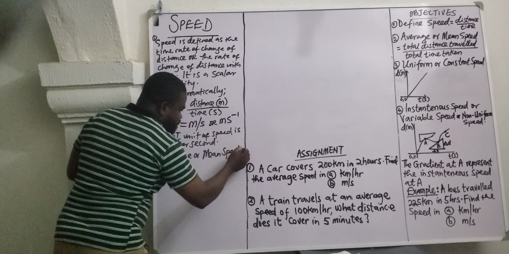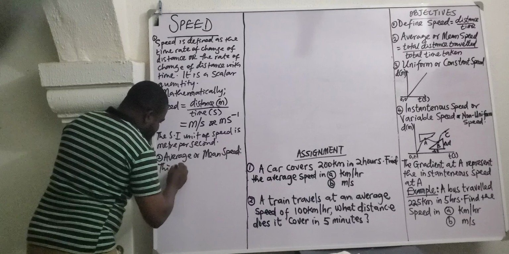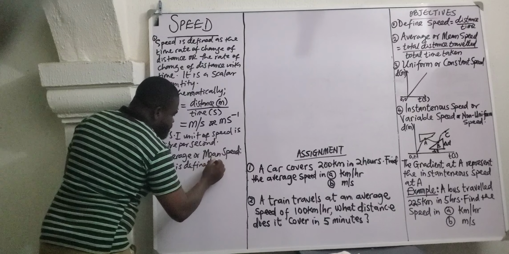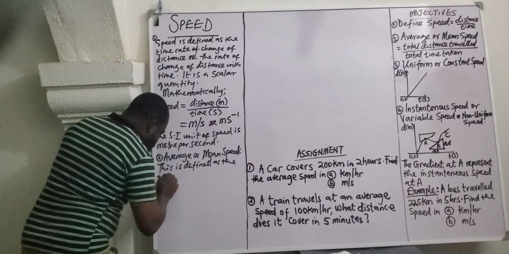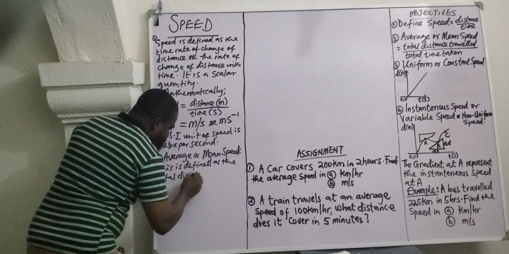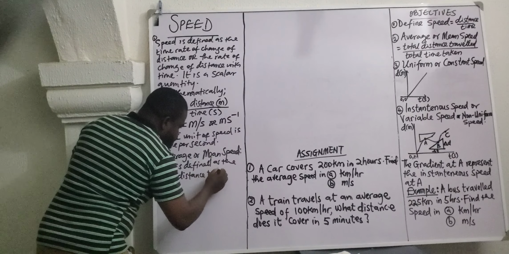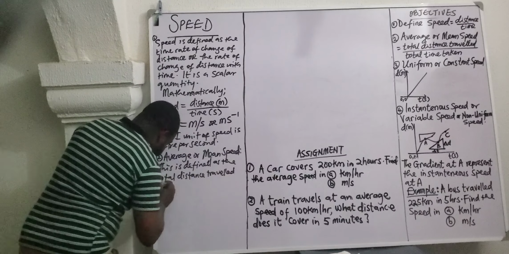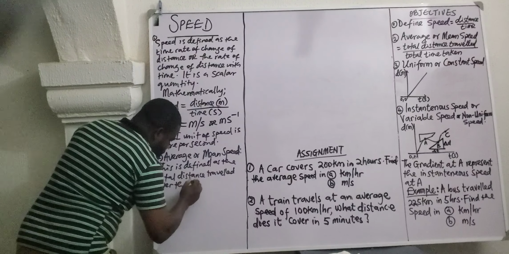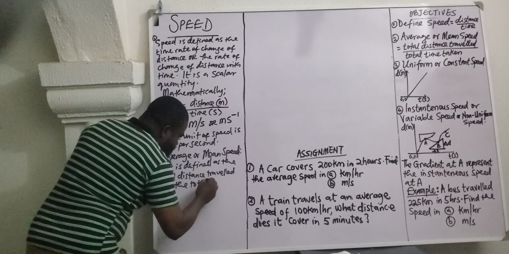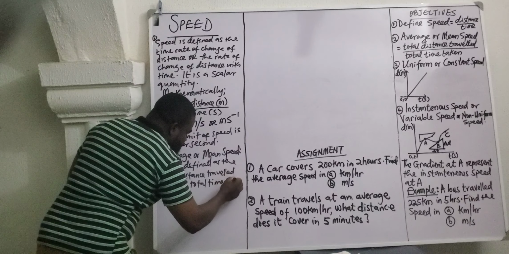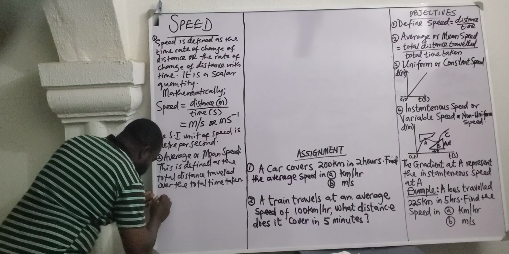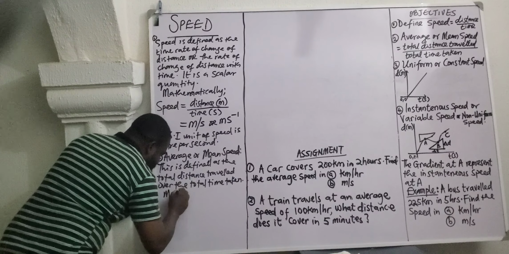This is defined as the total distance traveled divided by, or you say over, the total time taken.